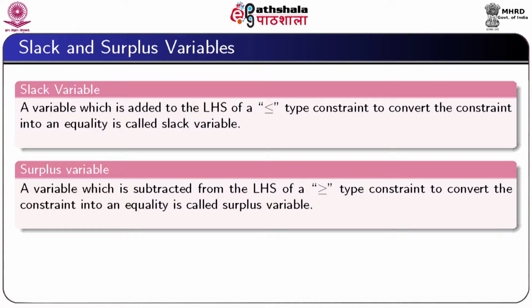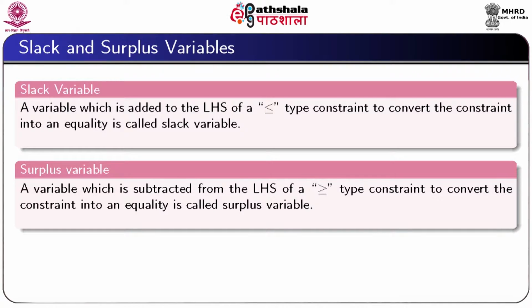Now, we will discuss two variables called slack variables and surplus variables, which are very much needed for converting a given problem into standard form. Let me define first the slack variable.